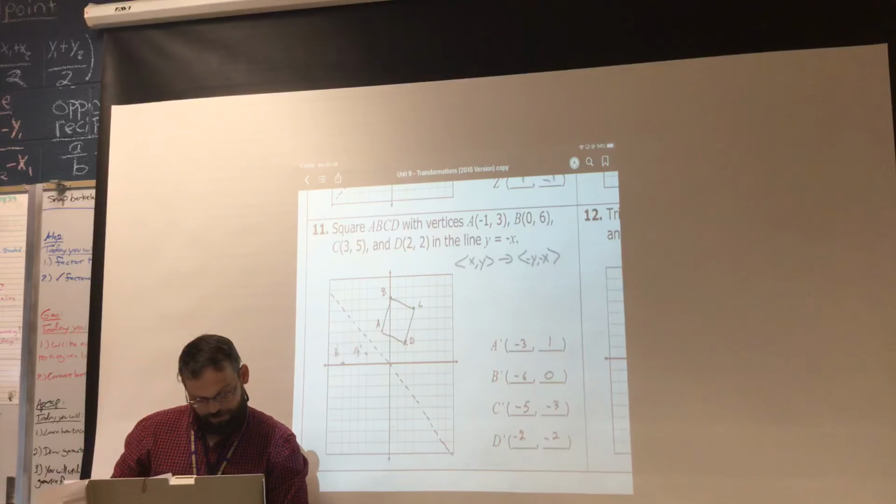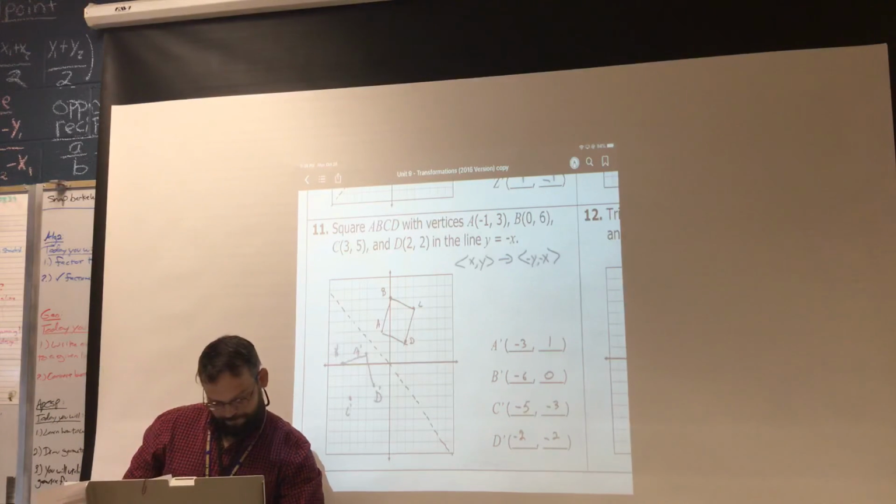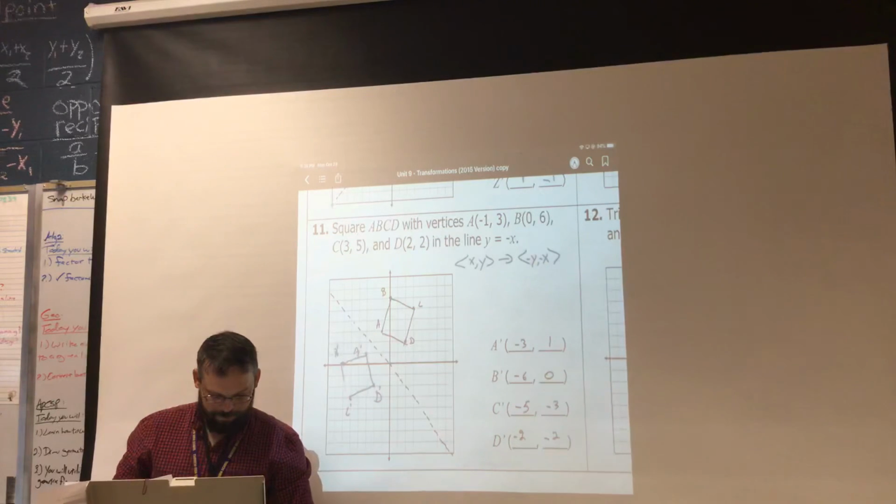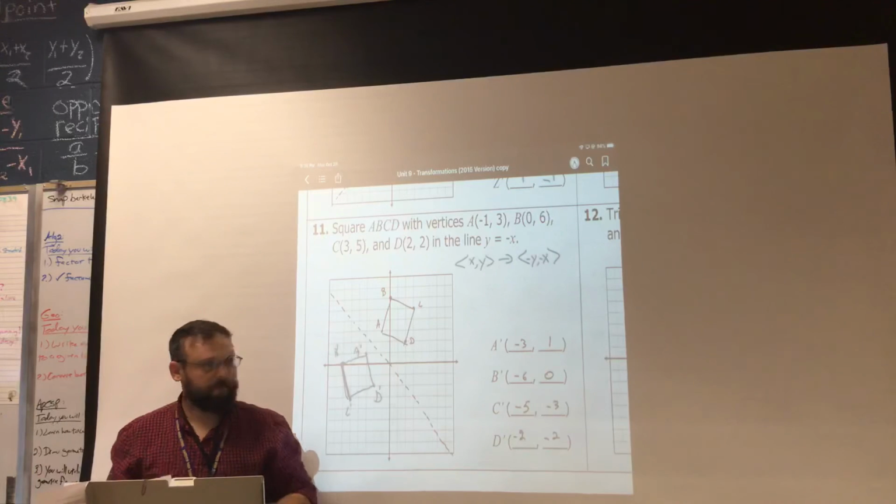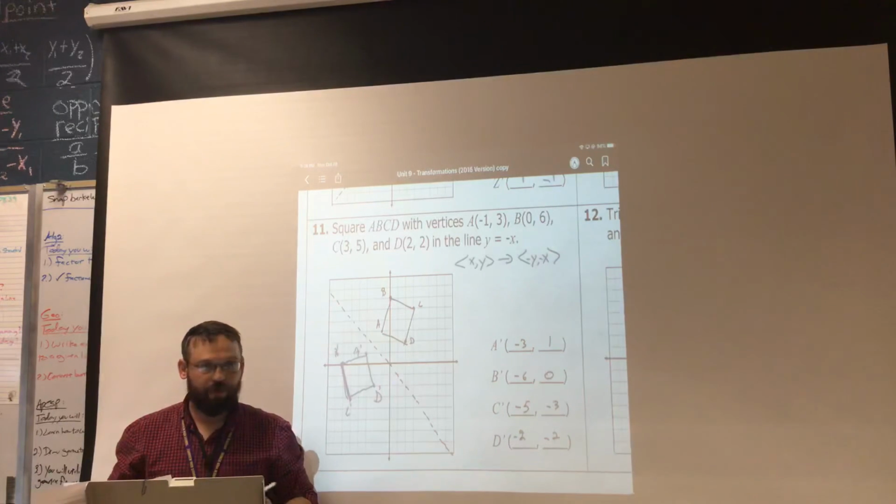B prime, 1, 2, 3, 4, 5, 1, 2, 3. C prime and negative 2, negative 2. That's your D prime. Well, you get the idea. Once you see it drawn out, you can see the symmetry quite well.